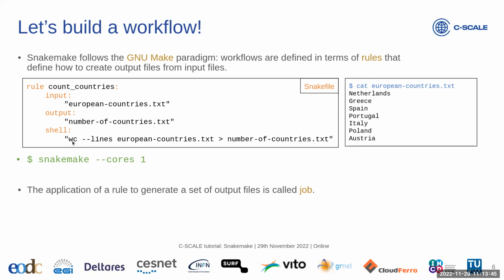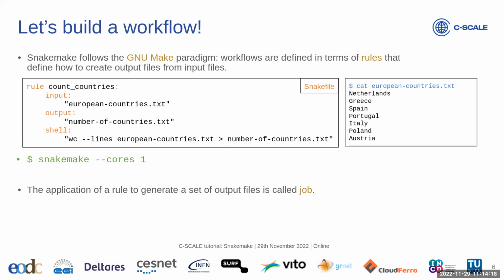We simply use this wc command in the Linux terminal to count the number of lines in the input text file, and we dump the result into the output file. So with Snakemake, you just need to put this into a Snakefile, run snakemake --cores 1, and then it runs this for you. Running this is what Snakemake calls a job.